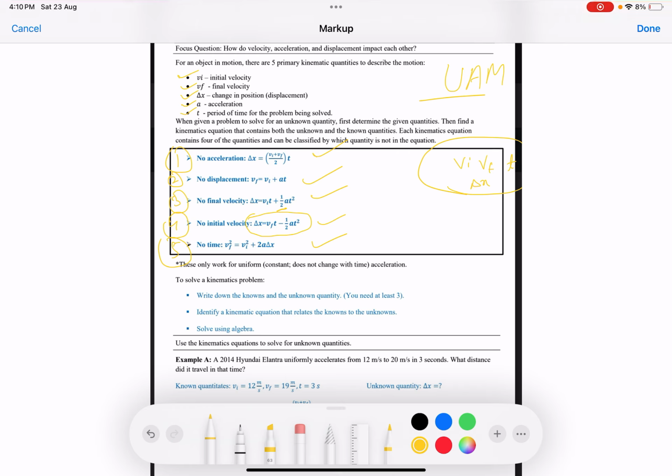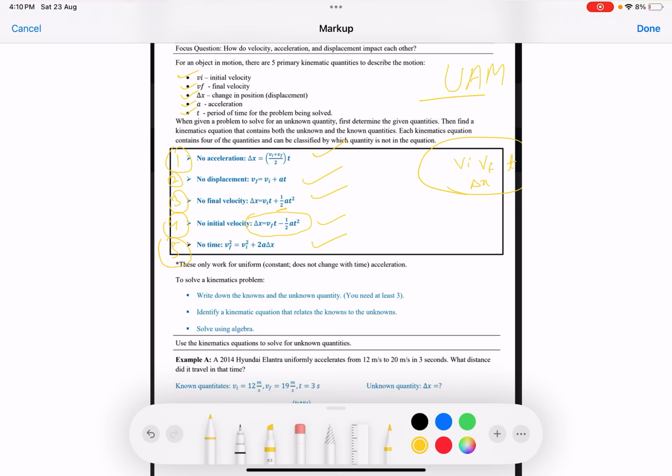Now, a quick recap. Write down the known quantities by reading the word problem. You need to have at least 3 of them. If you got just 2, you need to read the word problem again and find the missing one. As soon as you get the 3 known quantities, write down the fourth quantity which you need to find.